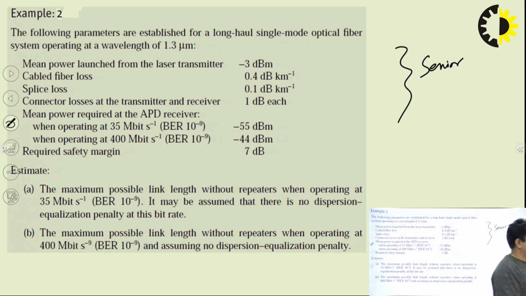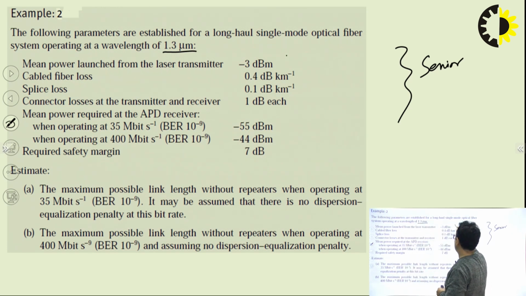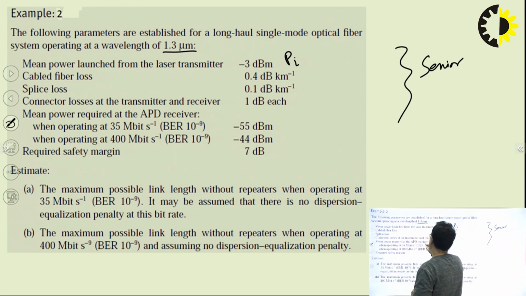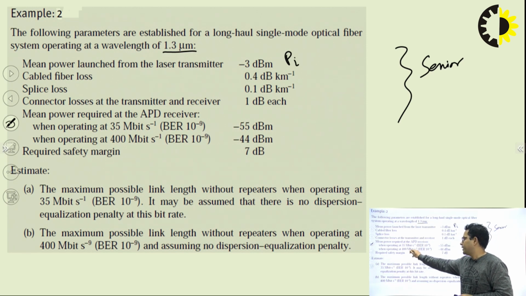We are using a long haul single mode optical fiber system operating at a wavelength of 1.5 micrometer, having a mean power launched from a laser transmitter, which is your PI, cabled fiber loss 0.4 dB, splicing loss 0.1 dB, connector loss 1 dB each, as well as mean power required at the APD receiver, that is the avalanche photodiode receiver, is minus 55 dBm for 35 Mbps.